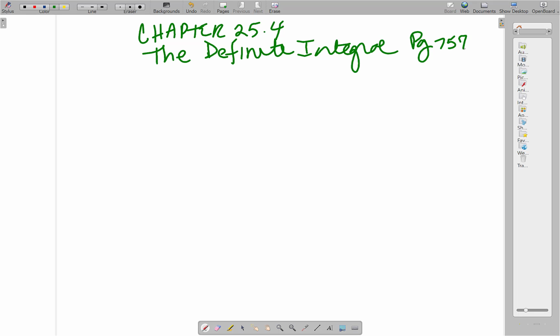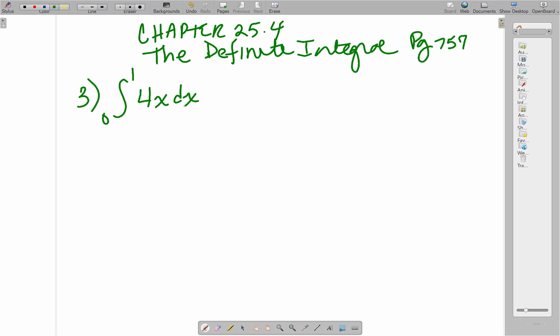So I'm going to start with number 3 in your text. Number 3 lists 0 to 1, which means integrate this function from 0 to 1, and the function is 4x dx.